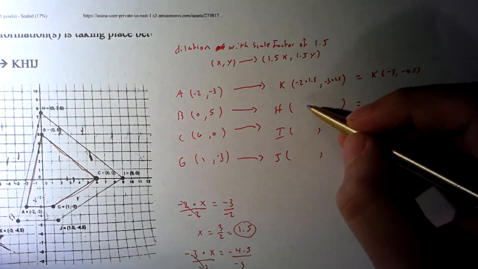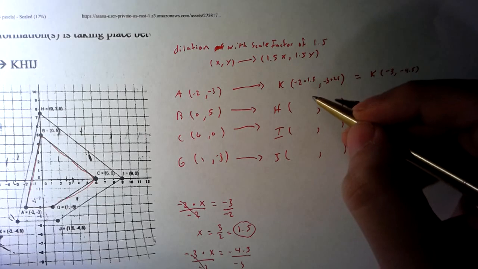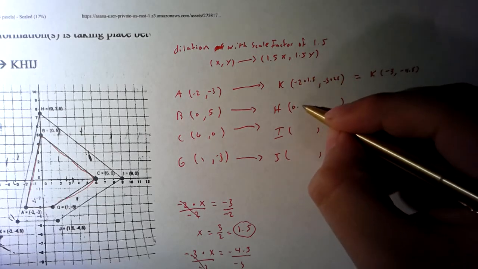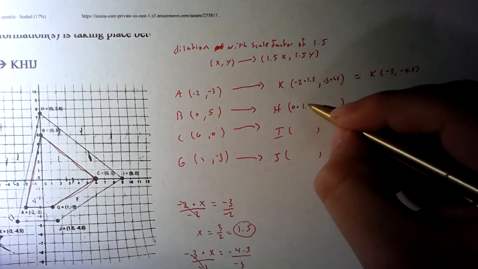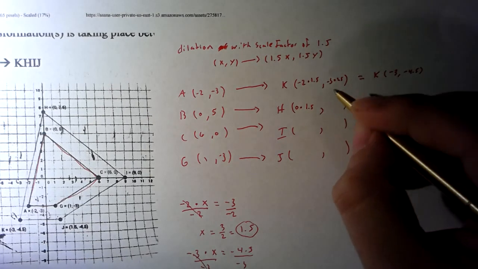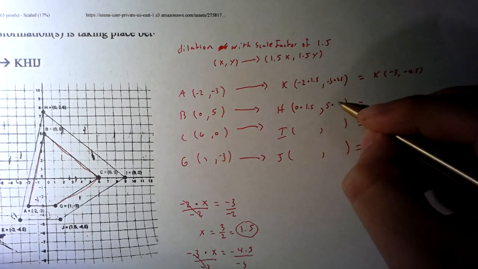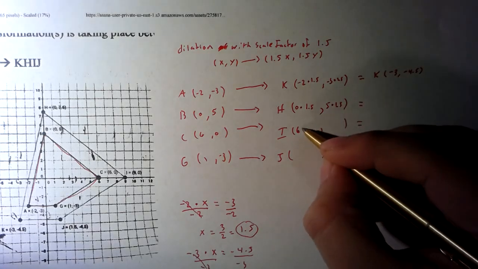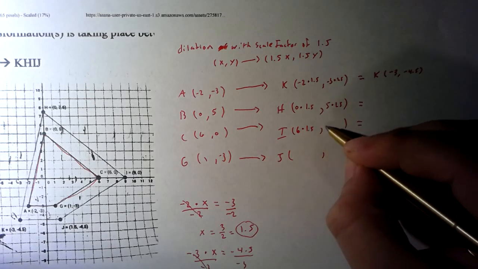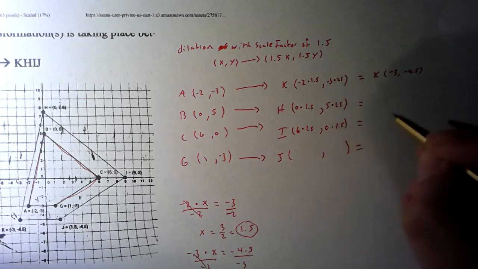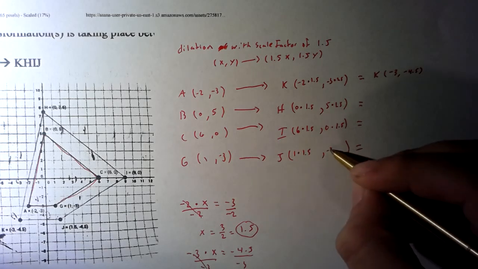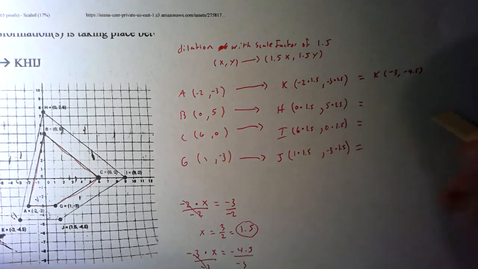And then let's look at H. So we're putting 0 multiplied by 1.5 and then 5 multiplied by 1.5. And then for I it's 6 multiplied by 1.5, 0 multiplied by 1.5, 1 multiplied by 1.5, and -3 multiplied by 1.5.